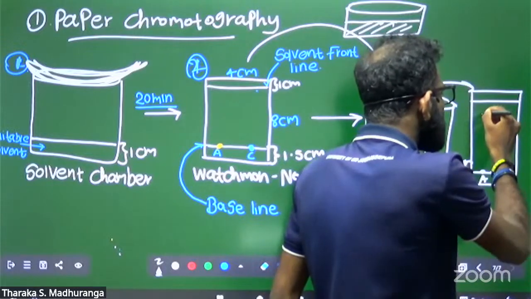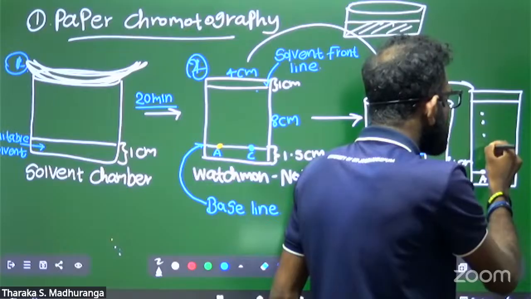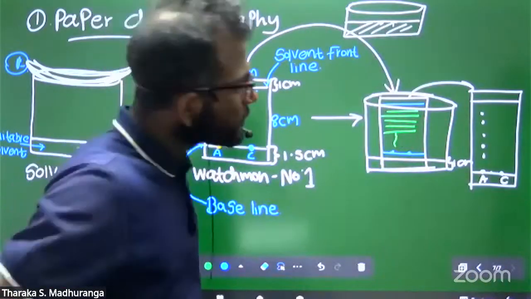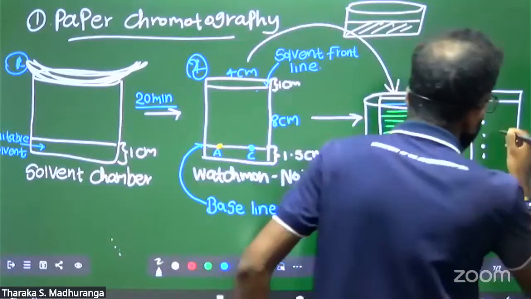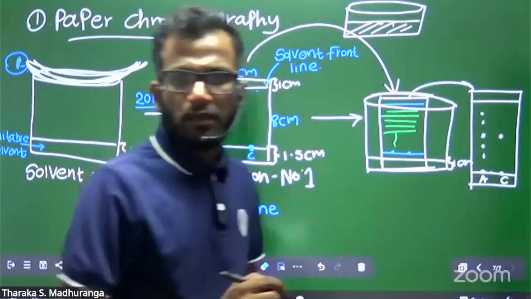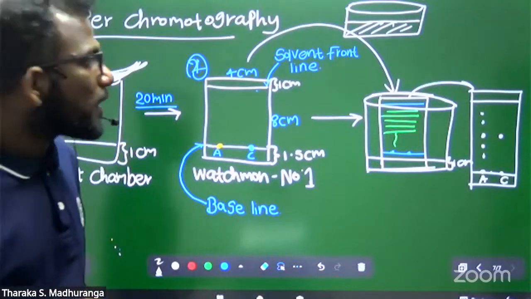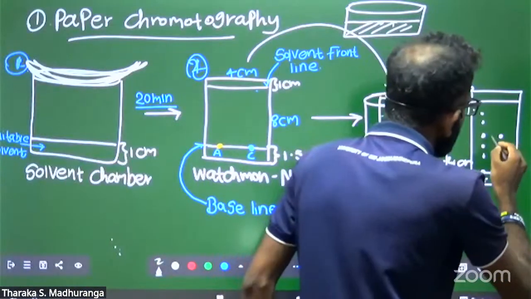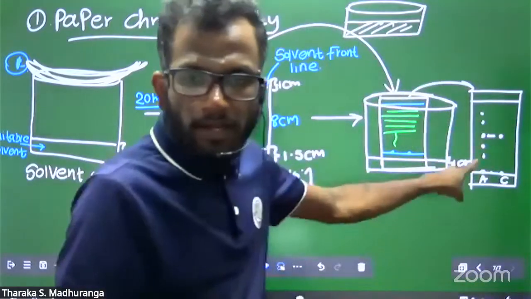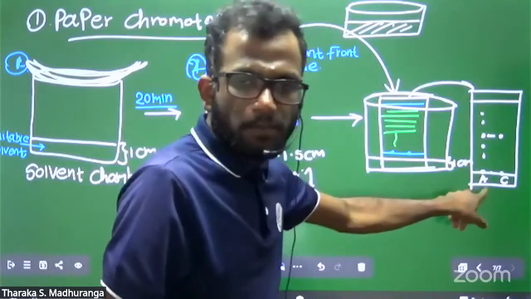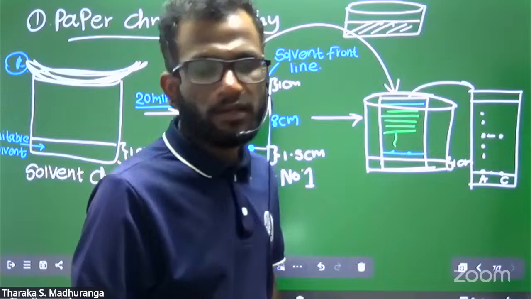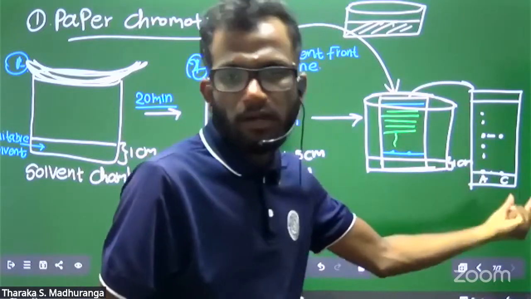We can observe the A sample has points like this, and the C sample also has a point like this. Then if there is any compound at the same distance, we can identify that this A crude product has cinnamaldehyde, the specific control compound.